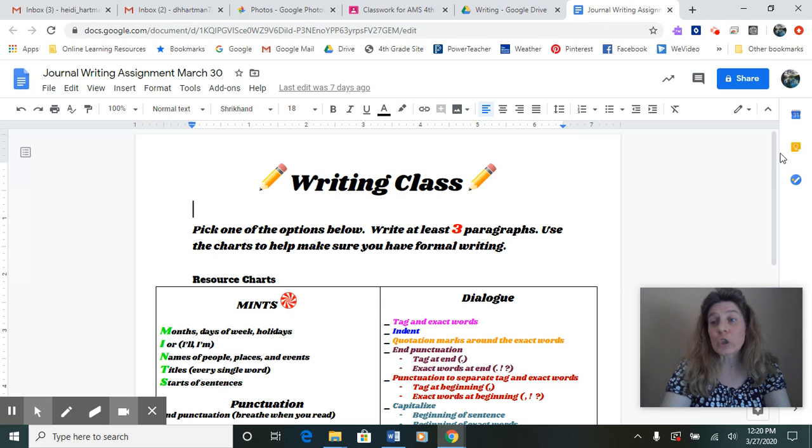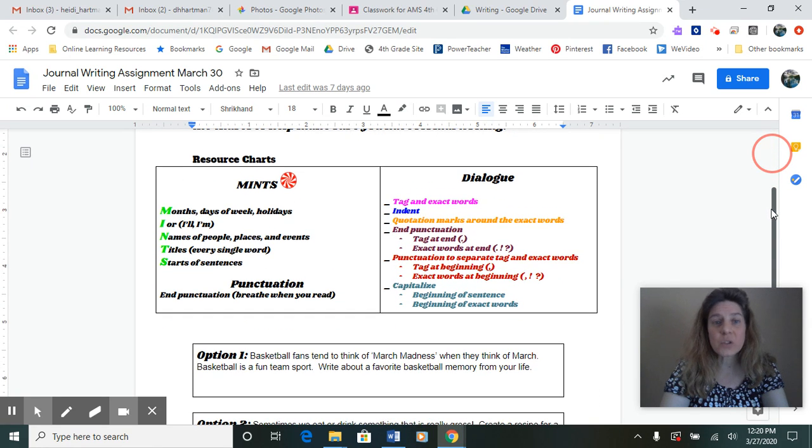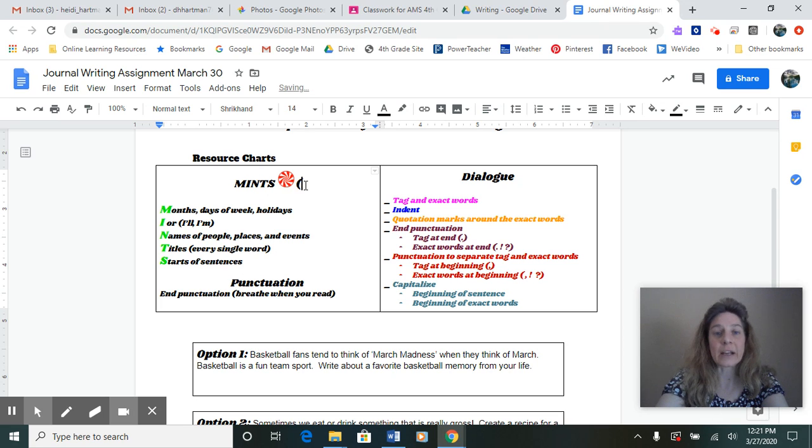So I'm going to be looking at my resources. So I'm going to scroll down. I have a resource chart over here, and that's my hints for thinking about things that need to be capitalized. This is capitalization.